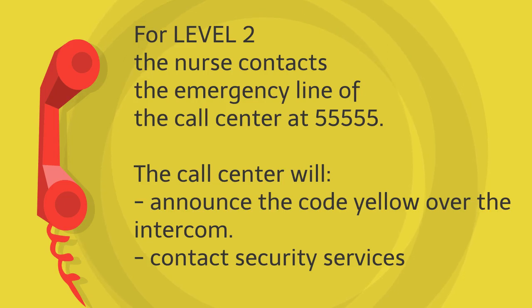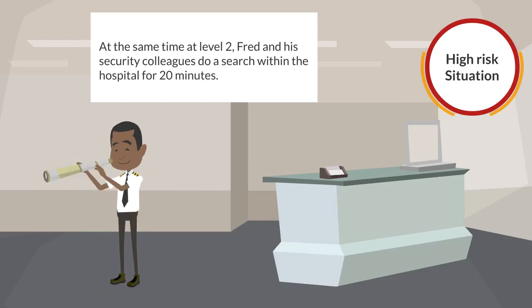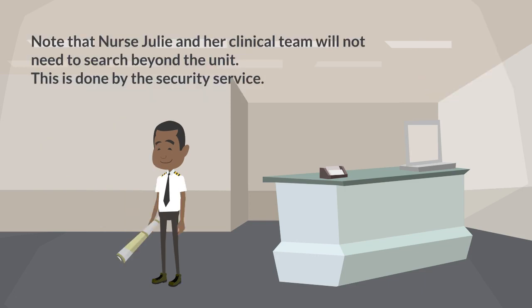For level 2, Nurse Julie contacts the emergency line of the call center at 55555, and the call center will contact the security service, and they will also announce a code yellow overhead. The hospital search is carried out by the security department.